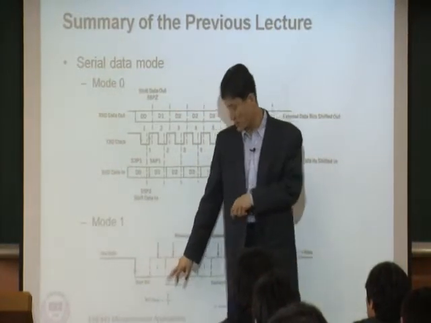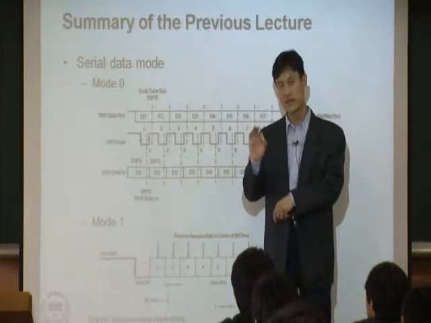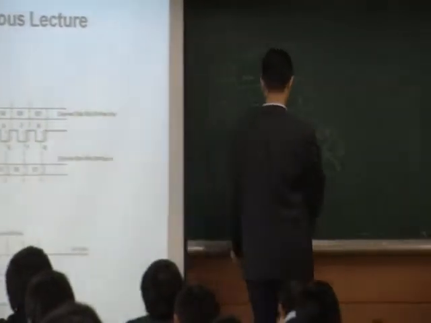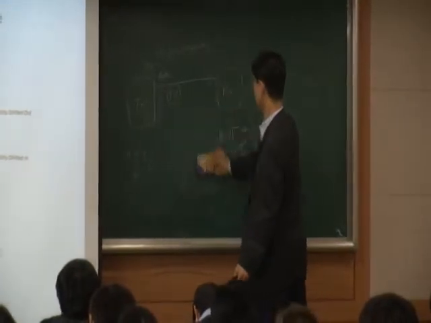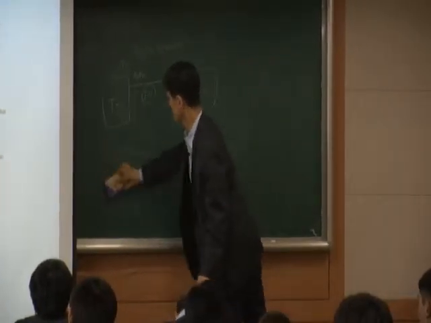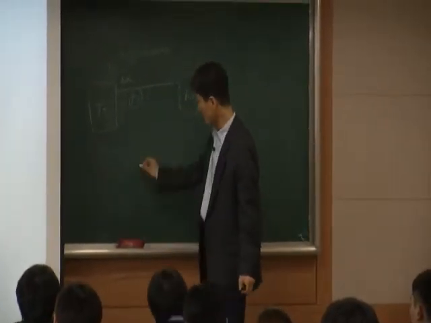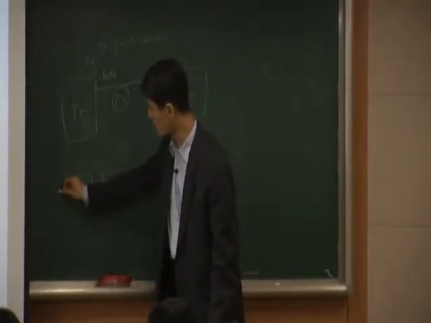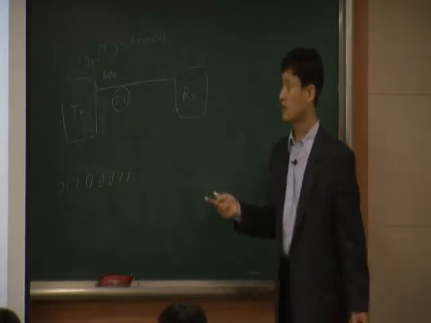Start bit is always 0. As you see here, this is 0. So when you have a start bit, let's say I want to transmit 11000110. That's what I want to transmit.